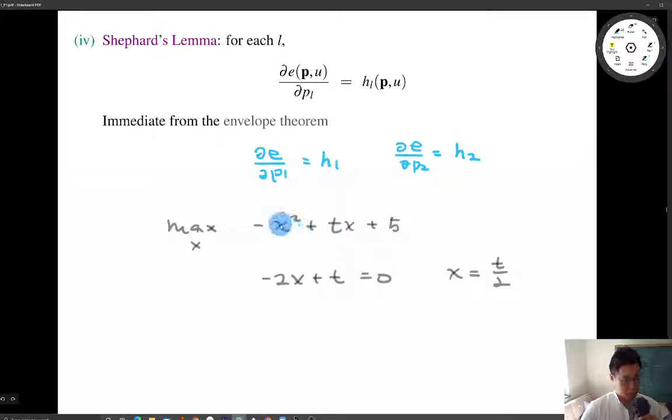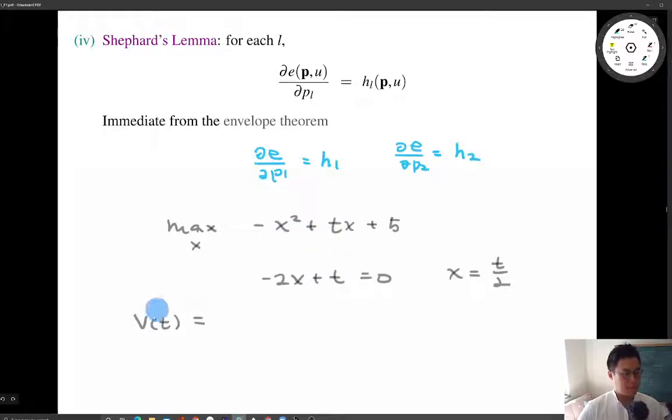Because this is a concave function, concave downward, if we put in t over 2 for x in the objective function, then we can obtain the value function, the maximal value for each parameter value t. Let me call that v of t.